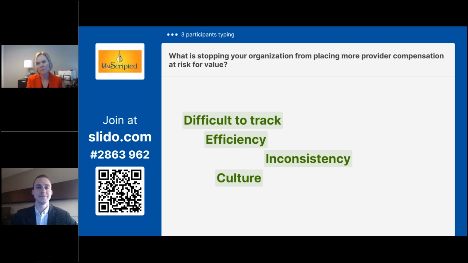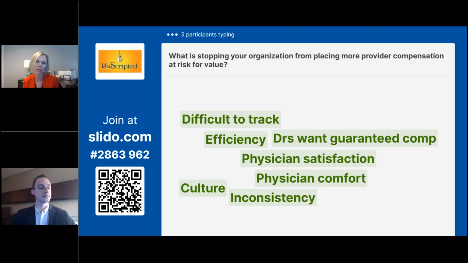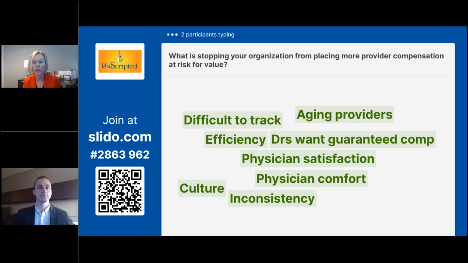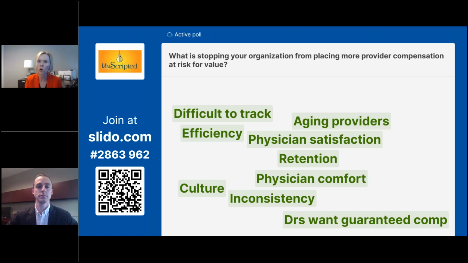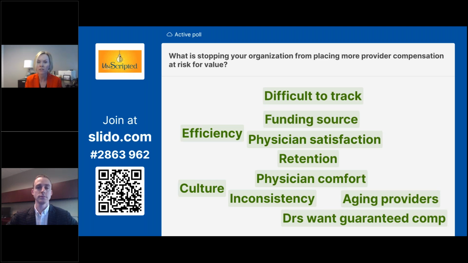But when this idea of value-based compensation came forward in our industry, I think as provider compensation professionals, we rushed to put performance and value-based measures into provider contracts and arrangements really before value-based payer reimbursement was in place, or perhaps when it was at its infancy.